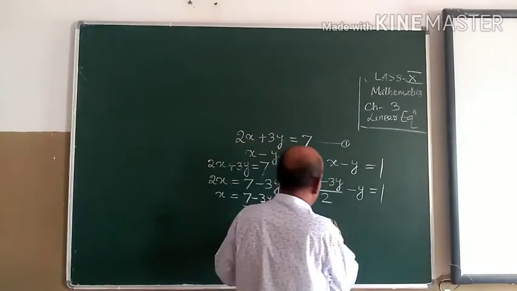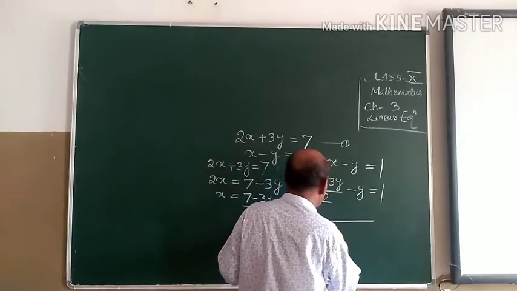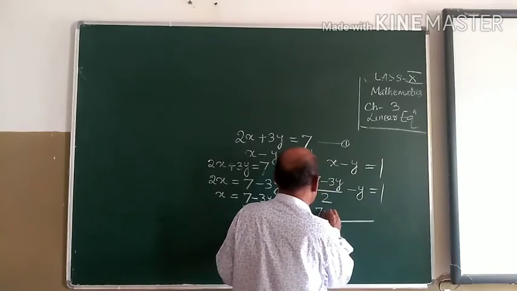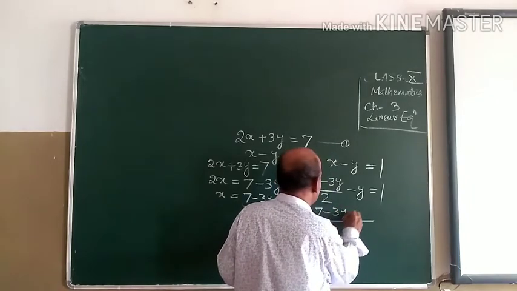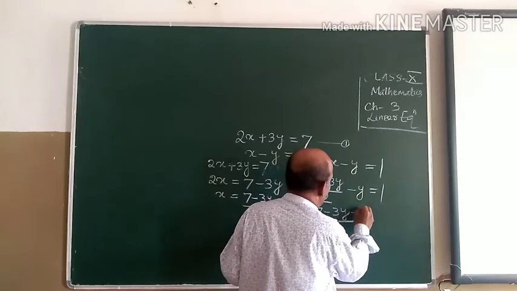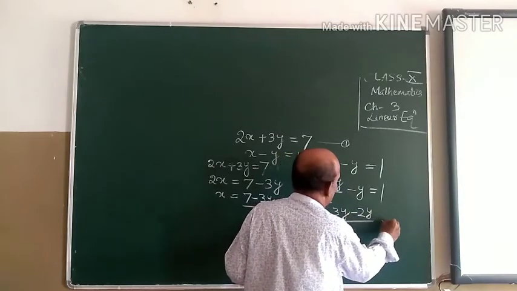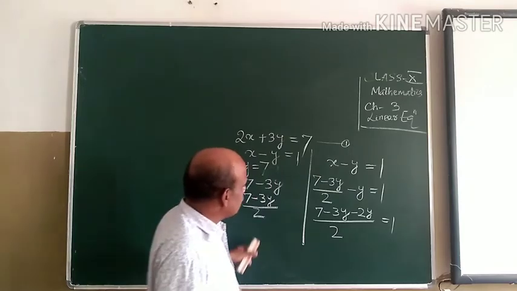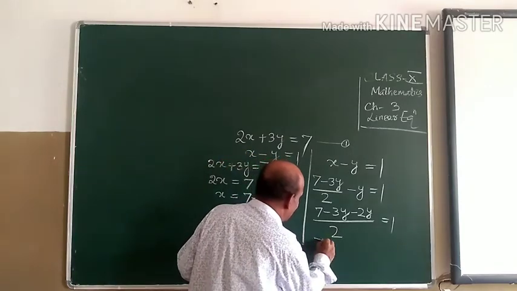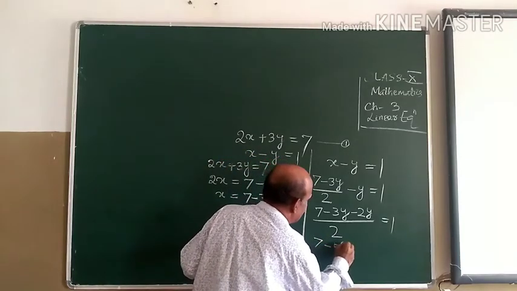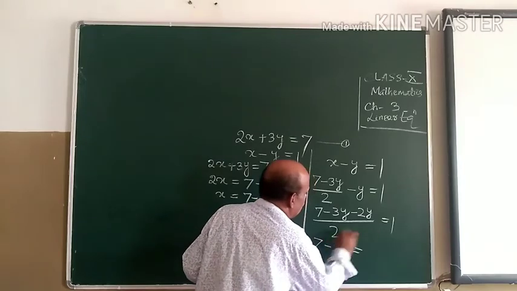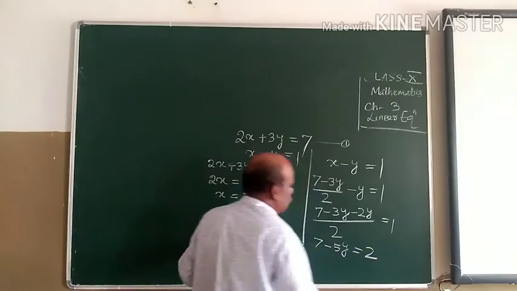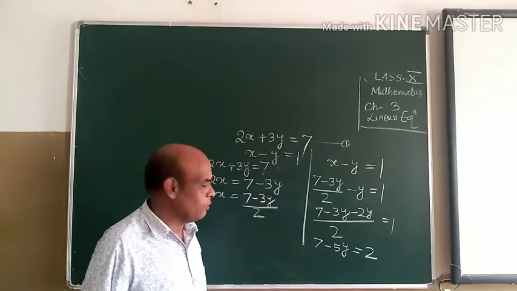So I got LCM is 2. Now you see, 7 minus 3y, 2 into y that is minus 2y, is equal to 1. So I got 7 minus 5y is equal to 2 into 1 that is 2, by cross multiplication.